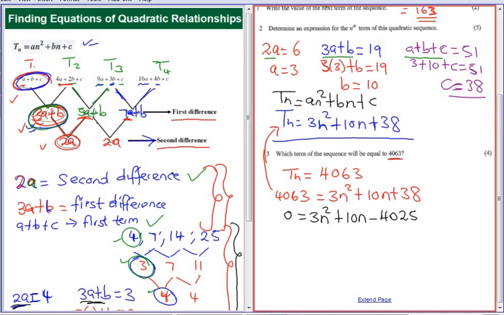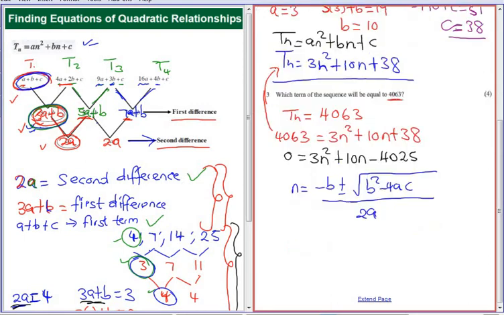So I'll just go to this formula and say, minus b plus or minus the square root of b squared minus 4ac, over 2a, because we are solving for n, isn't it? Because this is our first example, I'm going to show the substitution. So your n in this situation will be minus 10 plus or minus the square root of, your b is the coefficient of n, isn't it?